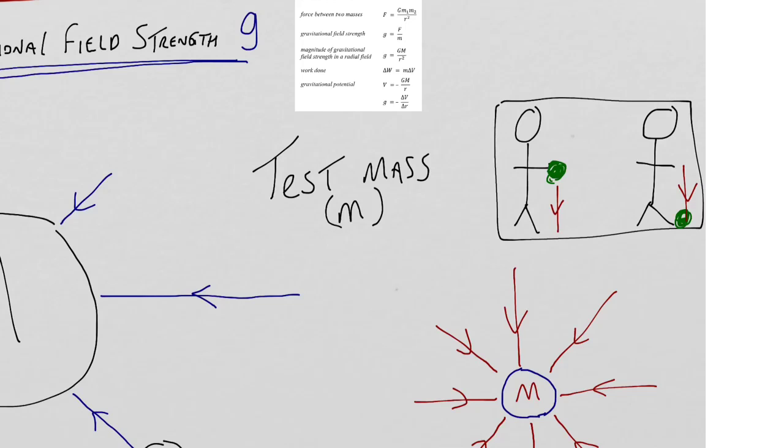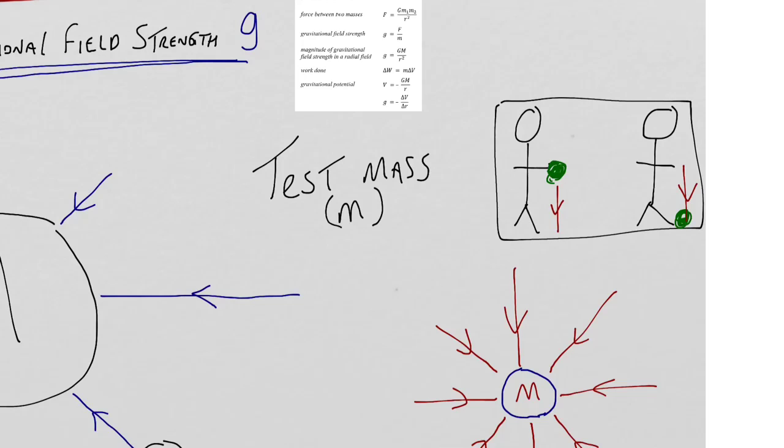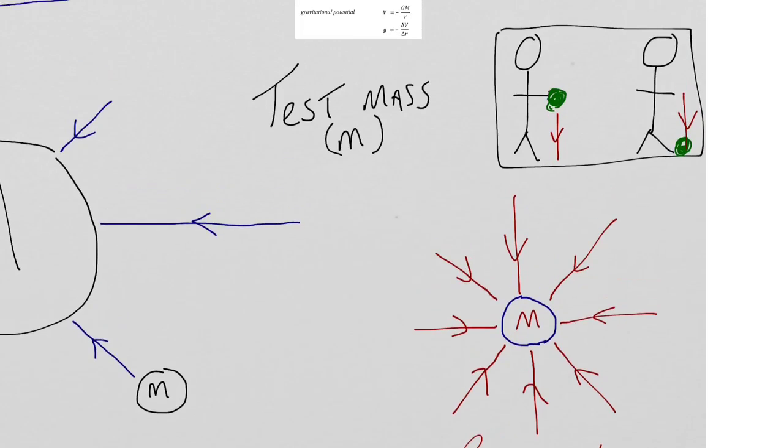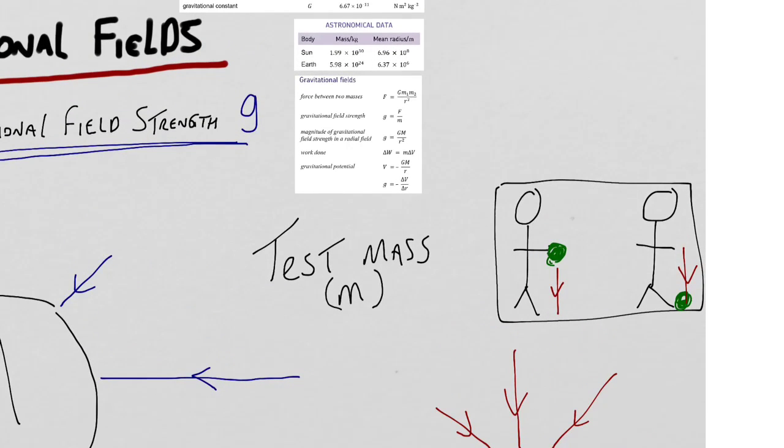And what we find is, where we expect our field lines for Earth to be radially moving in, so moving in at an angle to each other at all times, what we're actually seeing on the surface of the Earth, if this is the surface of the Earth, is field lines that look completely parallel to each other, which is kind of strange. We know this is true, but we also know they should be radial.